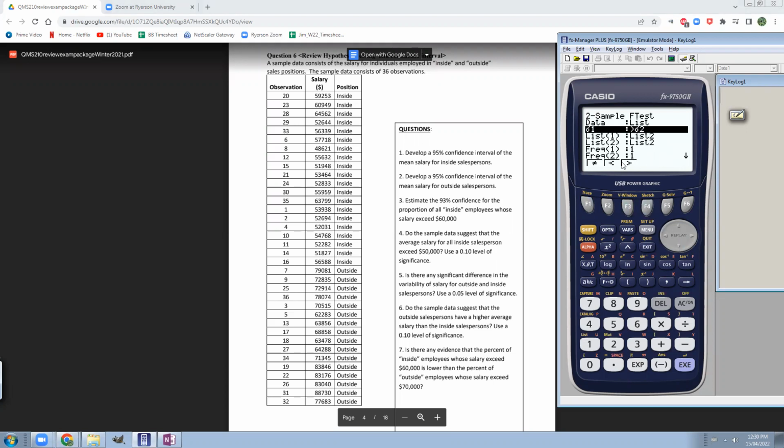We want to know, are they equal or not equal? Sigma 1 not equal sigma 2. That's our alternative. And our lists are going to be list 2 and list 3. Those are the two lists for the inside and outside salespeople. And we run that and we get a p-value of 0.0055. That's what our p-value is.